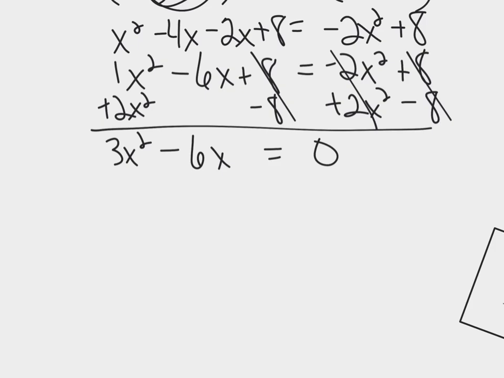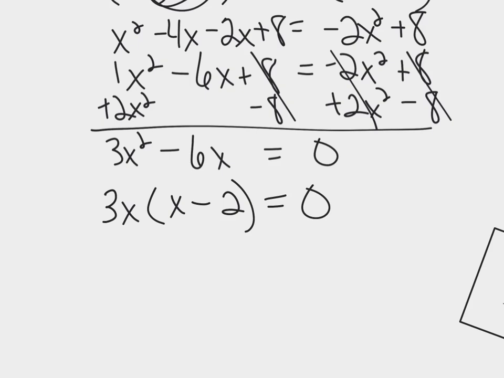At this point, we actually have something we haven't seen in a while, which is the greatest common factor that we can factor out. So actually, these have both a 3x in common that we can factor out, and that would leave us with x minus 2.